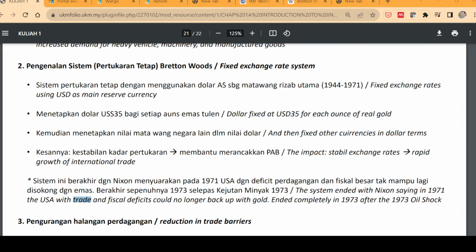However, that fixed exchange rate became a contributor to the golden years of the world economy in 1950, but ended in 73. Ended in 73 here.